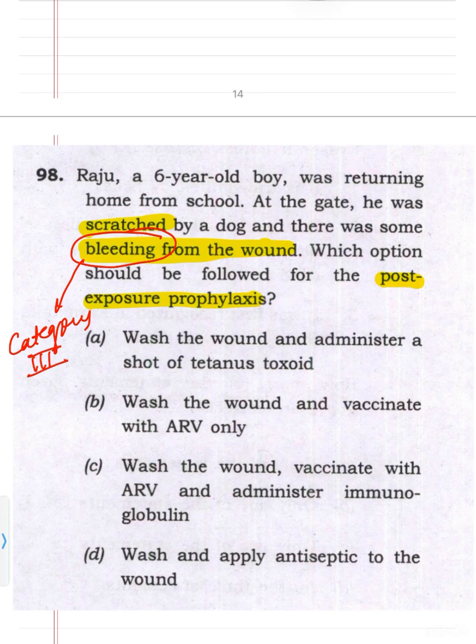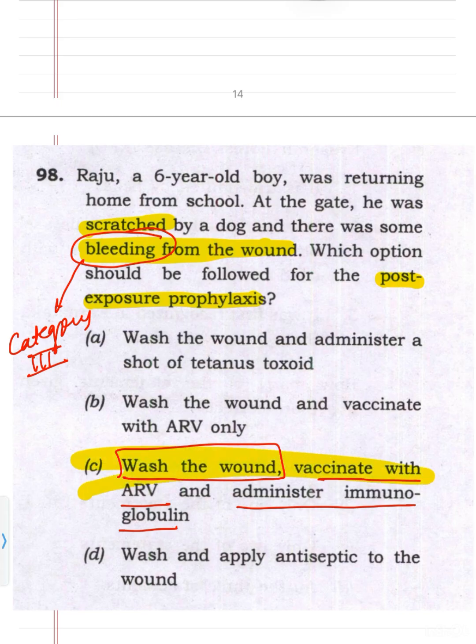For category 3, what we do first is wound care, that is wash the wound, then we vaccinate with anti-rabies vaccine, and then we administer immunoglobulin so that it will give protection for the first week, when the ARV takes time to develop the antibodies. So the answer will be C: wash the wounds, vaccinate with ARV, and administer immunoglobulin.